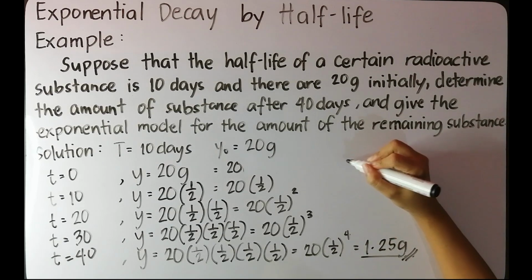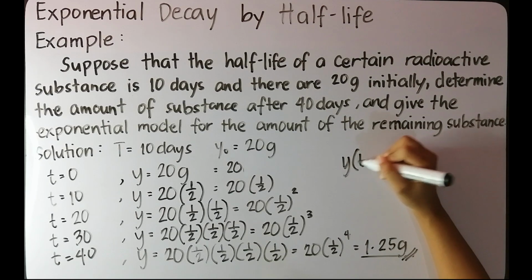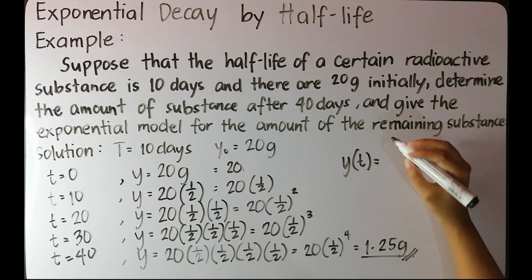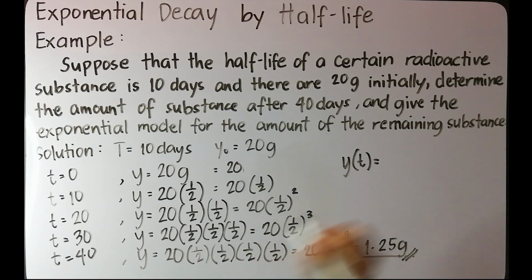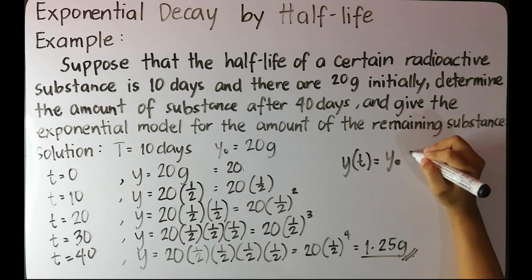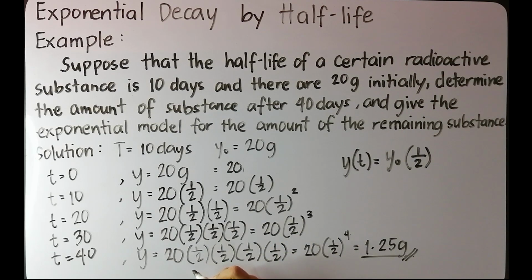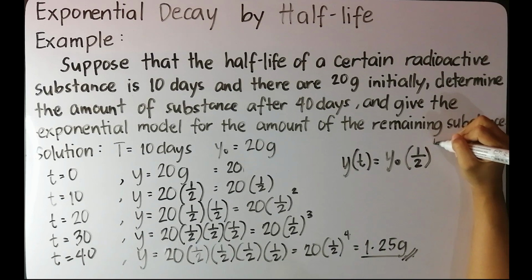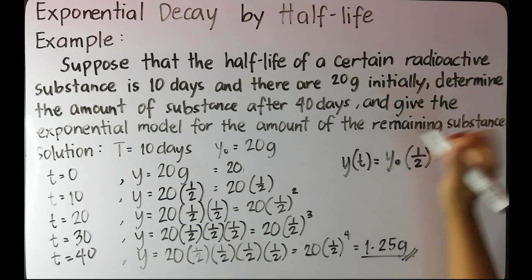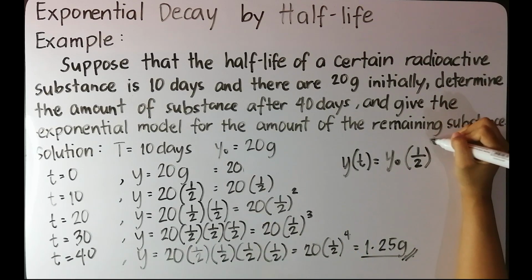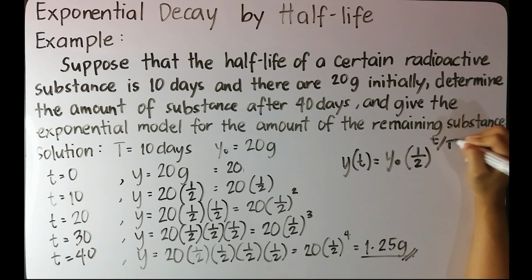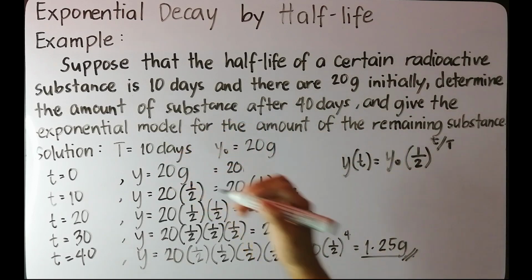Now, let's define the exponential model of the function for the remaining substance. So you have y of t, a function of t. You have the initial substance, y sub 0, times a constant 1/2, because that means you are reducing it into its half-life, then raised to t, the given number of days, divided by your half-life.